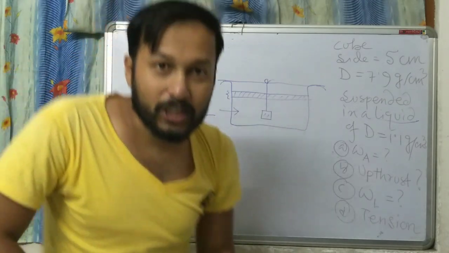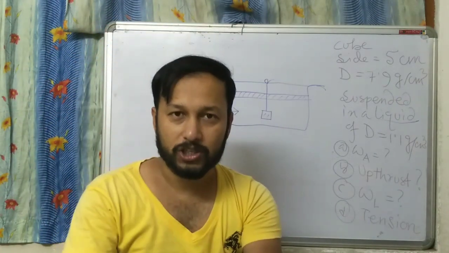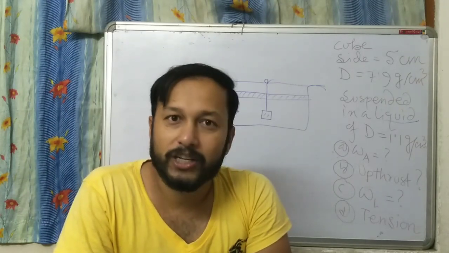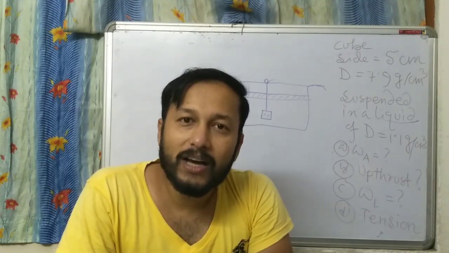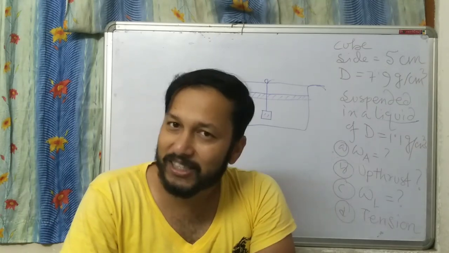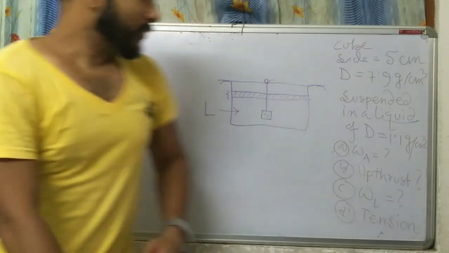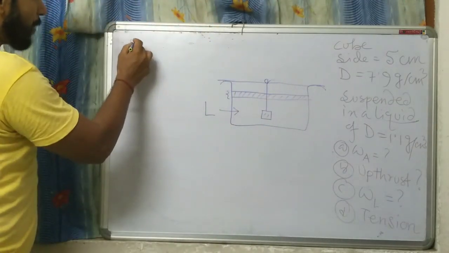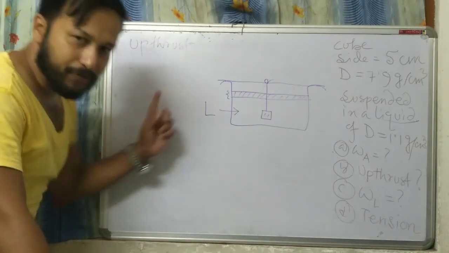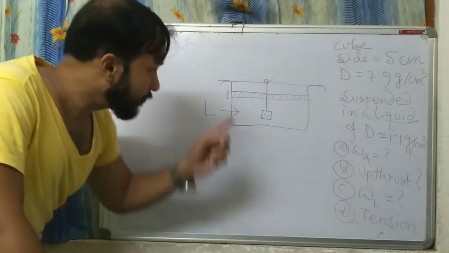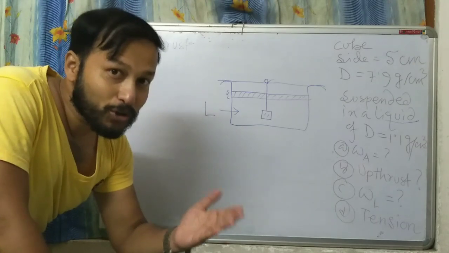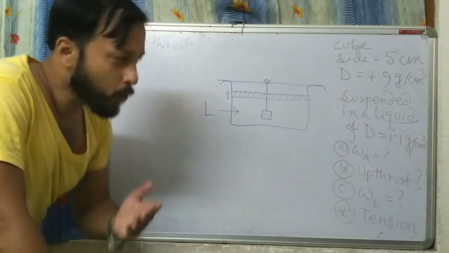Now if I ask you what is the upthrust, or what is the weight of the displaced liquid, or what is the force of buoyancy, all the calculations are same. Let's see. So what is my upthrust? Upthrust means the weight of this displaced liquid, or the force of buoyancy. So what is that?